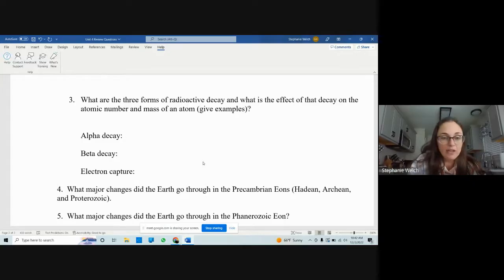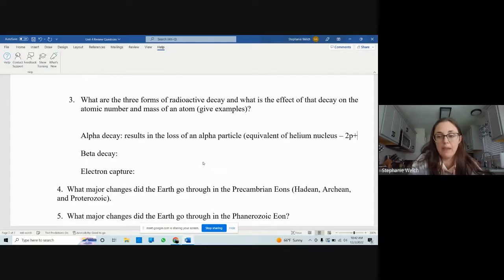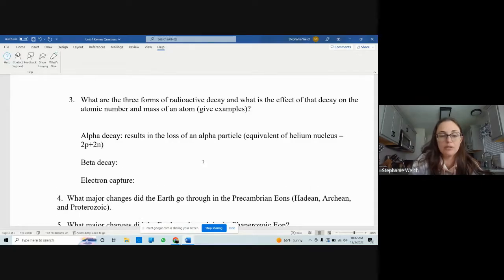So in alpha decay, this results in the loss of an alpha particle, which is the equivalent of a helium nucleus, just 2 protons and 2 neutrons.